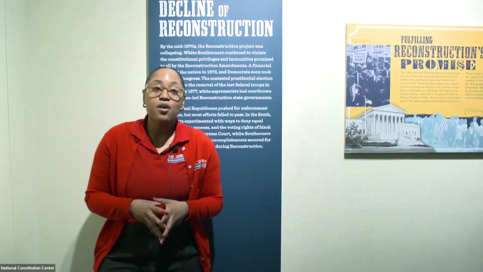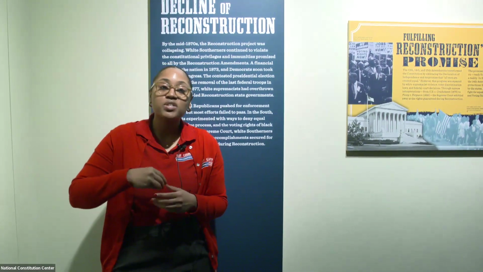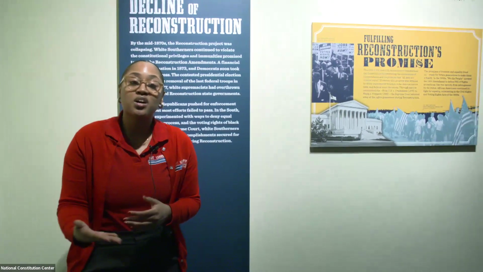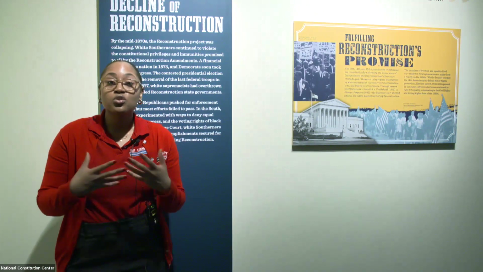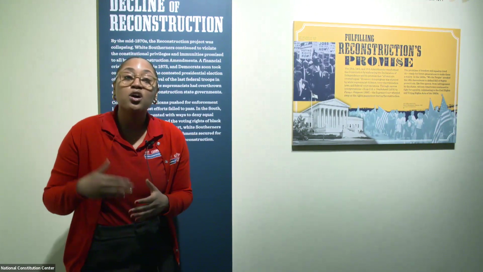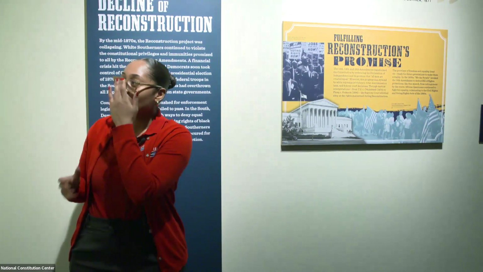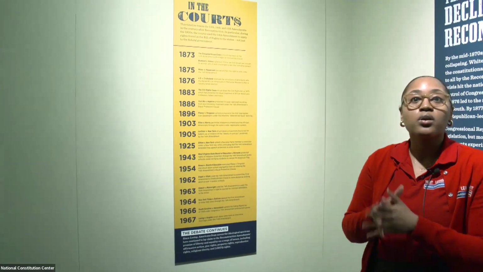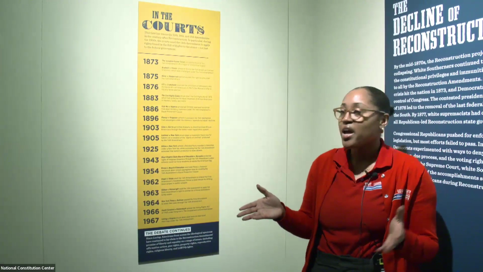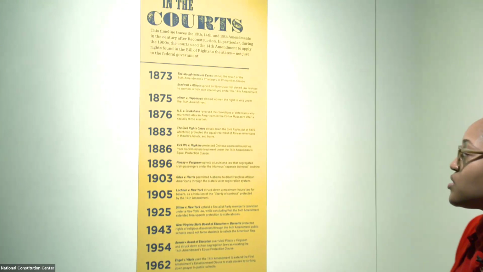We still have African Americans throughout that entire time period that, of course, are using their voice, using the Constitution in order to sue for their freedom, right? Or use the courts in order to make sure that they are upholding what is in the Constitution. And so on this wall here, you can see different cases that come out of or come after the Reconstruction era that detail, of course, voting rights, right?